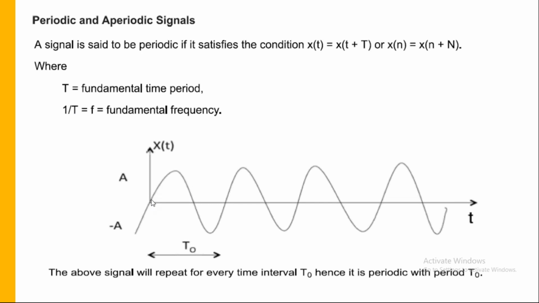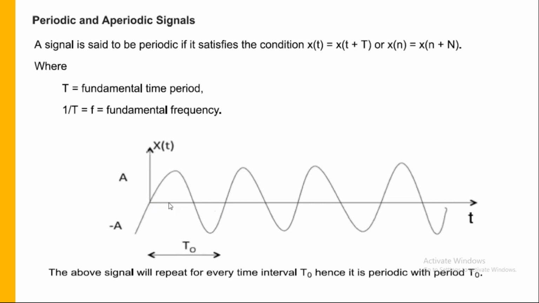Now observe it. Here on the x-axis I used the time scale, and on the y-axis I considered x of t. I have drawn a sinusoidal waveform with an amplitude of A. The positive peak has an amplitude A and the negative peak also has an amplitude A. This starts at t equal to 0, where the amplitude is 0, so I can say this waveform is a sinusoidal waveform.